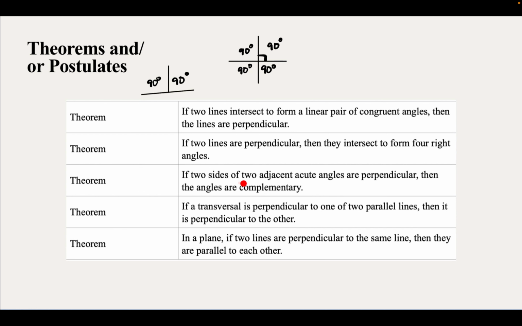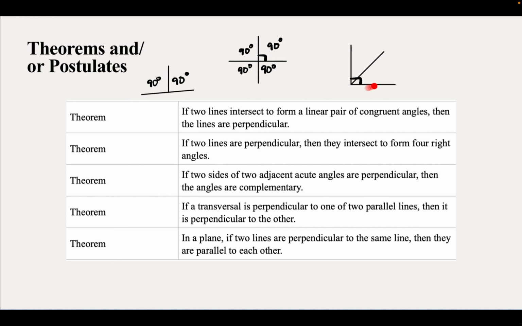Third one, if two sides of two adjacent acute angles are perpendicular, then the angles are complementary. Let's draw this out. Two sides, this side and this side, of adjacent acute angles are perpendicular, then the angles are complementary.